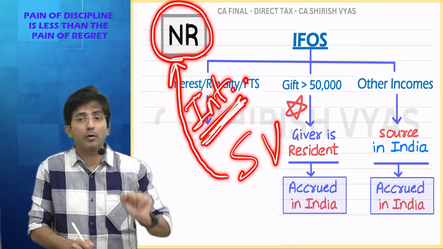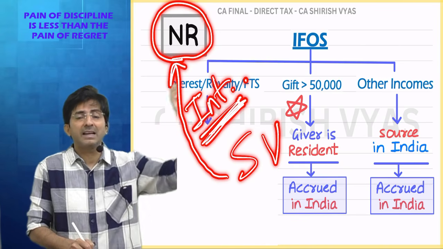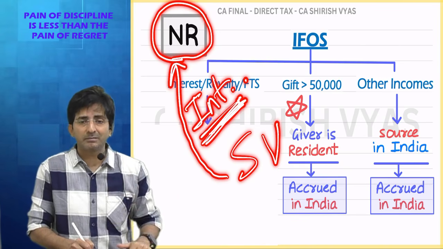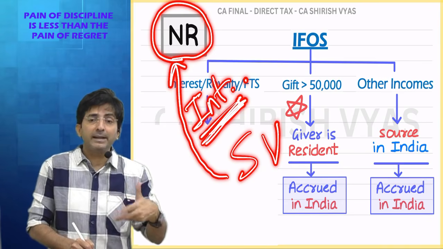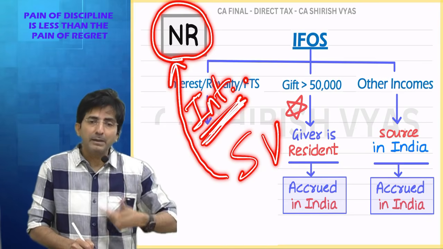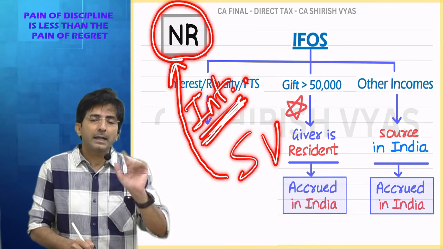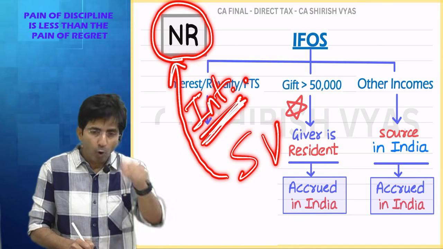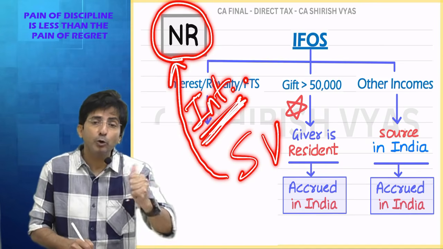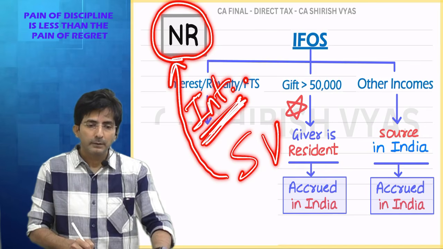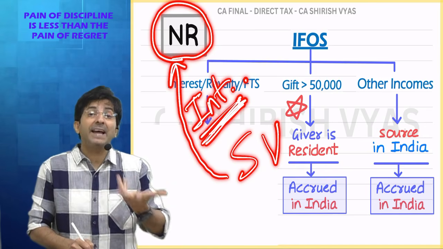It looks like, no, but that NR has got interest from Shirish, na? Income is coming from India, na? The income is coming from India. But what is the source of the income? Interest comes from what? Loan. Where is the loan used? It is used by Shirish. But where is it used?